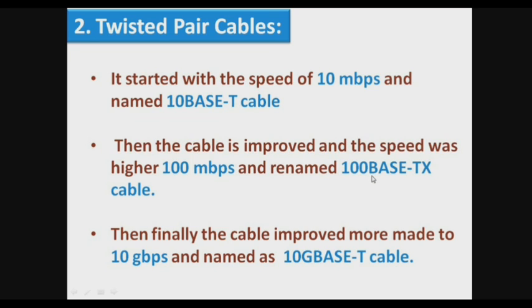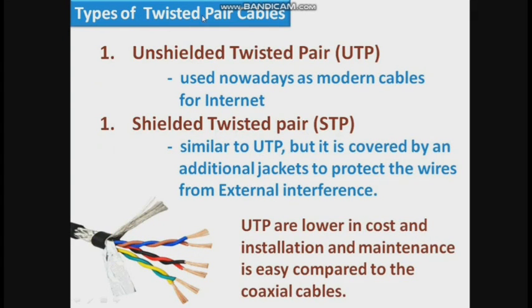So 3 different types of twisted pair cables are used. They differ in their data speed rate. There are 2 types of twisted pair cable. One is unshielded twisted pair, shortly called UTP. And the second one is shielded twisted pair, shortly called STP.